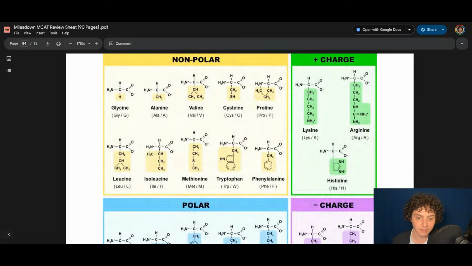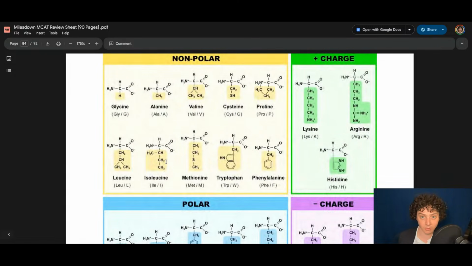Isoleucine has the same atoms as leucine, except that one of those two CH3 groups is bound to the carbon right after the alpha carbon rather than to the carbon at the end of the chain, like it is with leucine. Isoleucine suggests that it might be an isomer, a molecule with the same number of atoms but different configuration from leucine. And that's the case. It is an isomer of leucine, isoleucine.